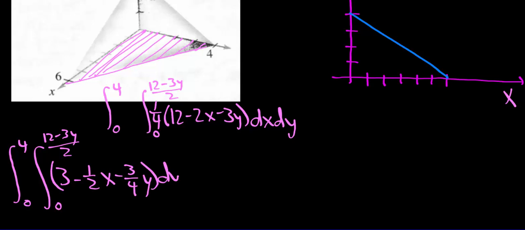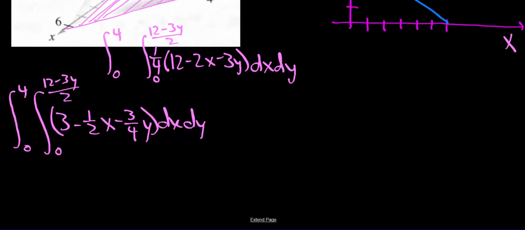And I'm integrating with respect to x first, and then with respect to y. Let me make sure I did it right. 12 divided by 4 is 3. Yeah, there it goes. Perfect.